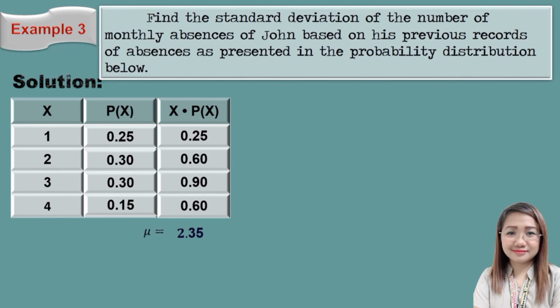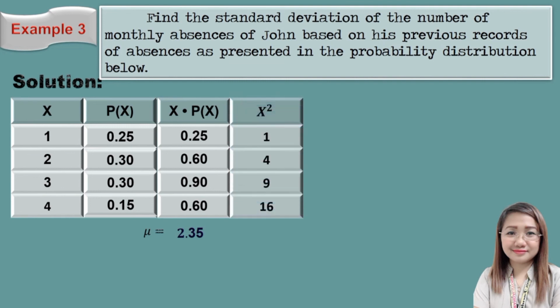Next, we need to get the square of x. So the square of x is, for 1, it's 1. The square of 2 is 4. The square of 3 is 9. The square of 4 is 16. After getting the square of x, the next step is to multiply the square of x to p of x.